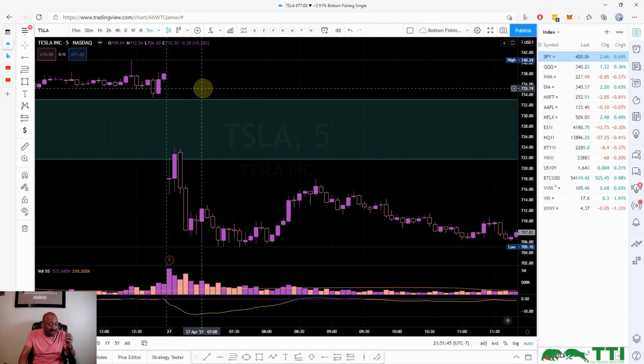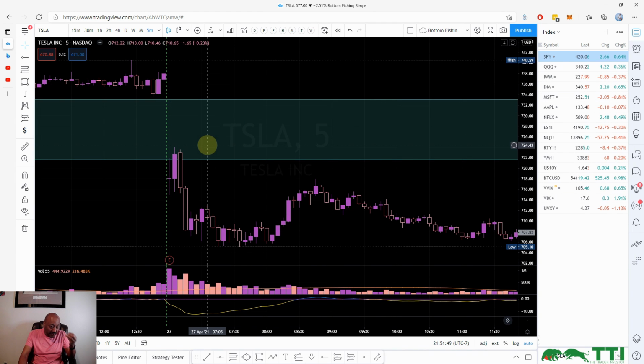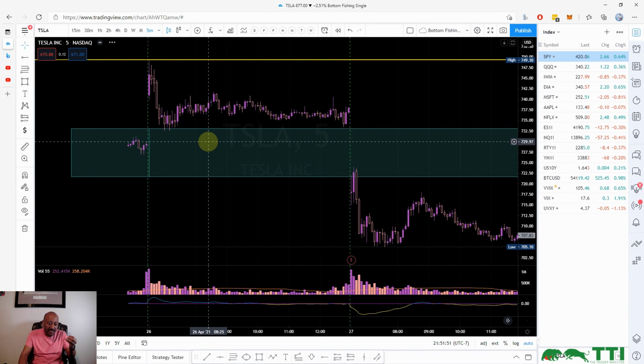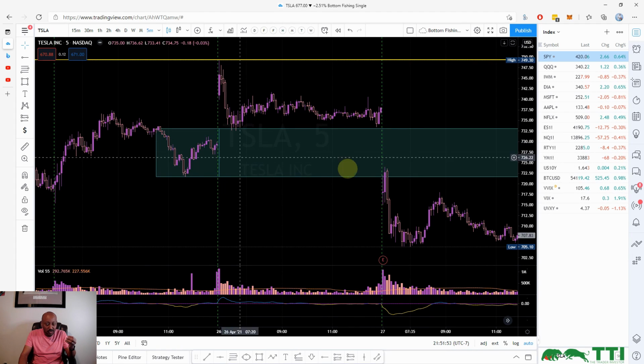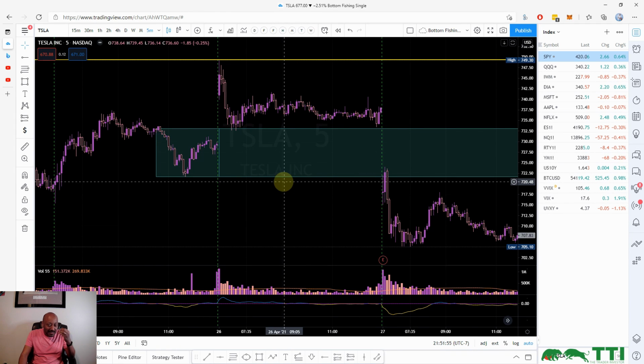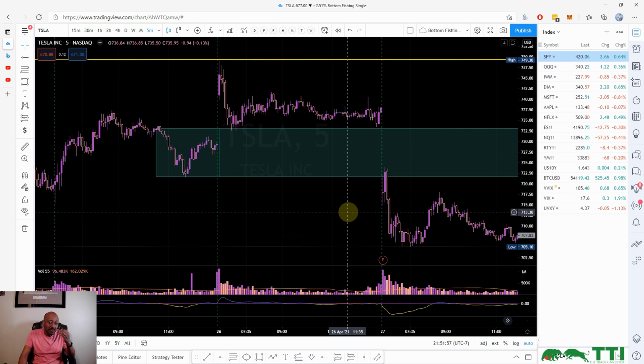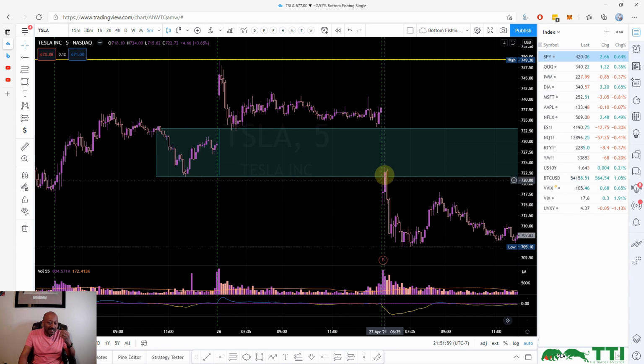But as a trade, the reason I don't like this trade from that perspective is because I have identified an order block. And what that tells me is price could test this order block. It could test it as deep or as shallow as it wants to. I have no idea.